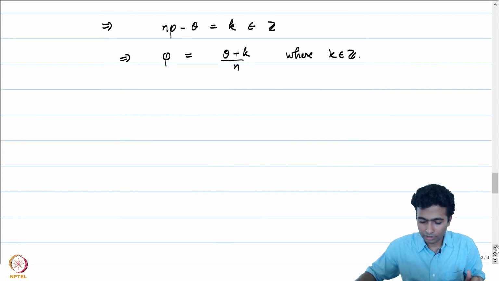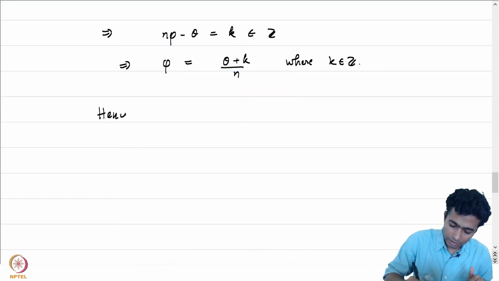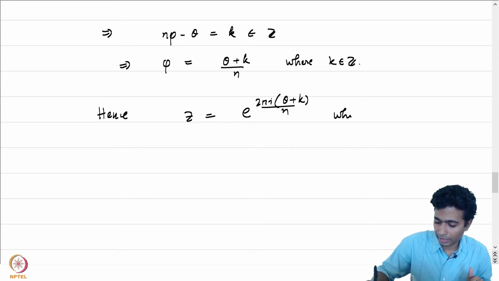Let me just summarize what we have. Hence, z is given by r to the power 1 by n times e to the power 2 pi i theta plus k by n, where k belongs to the integers.